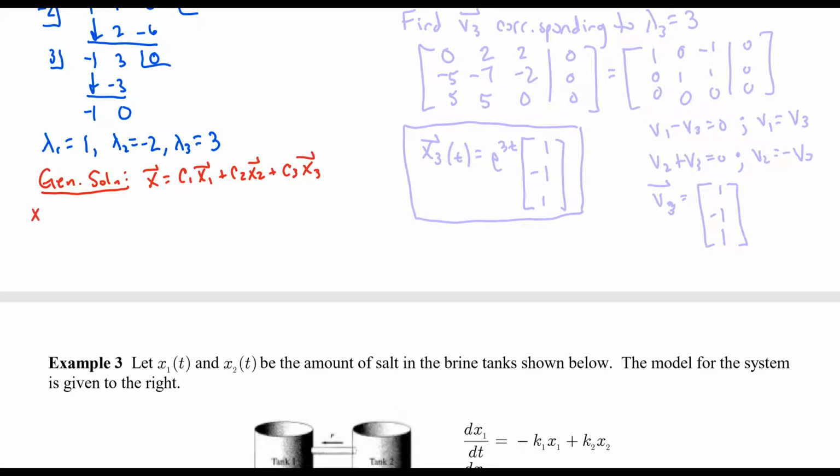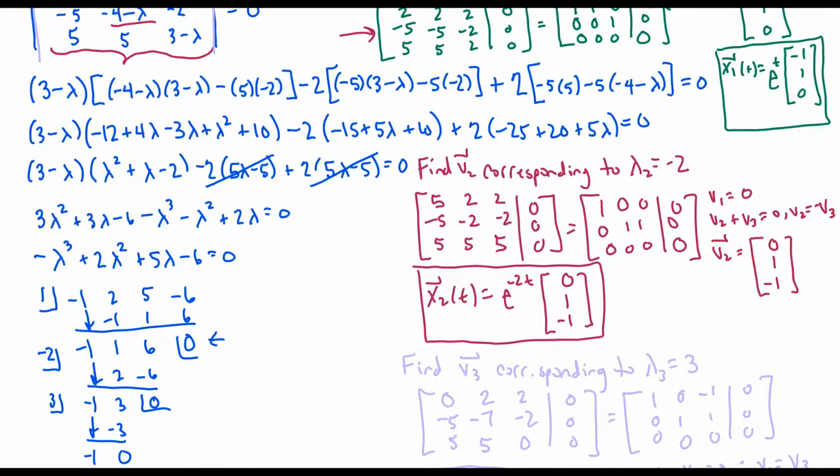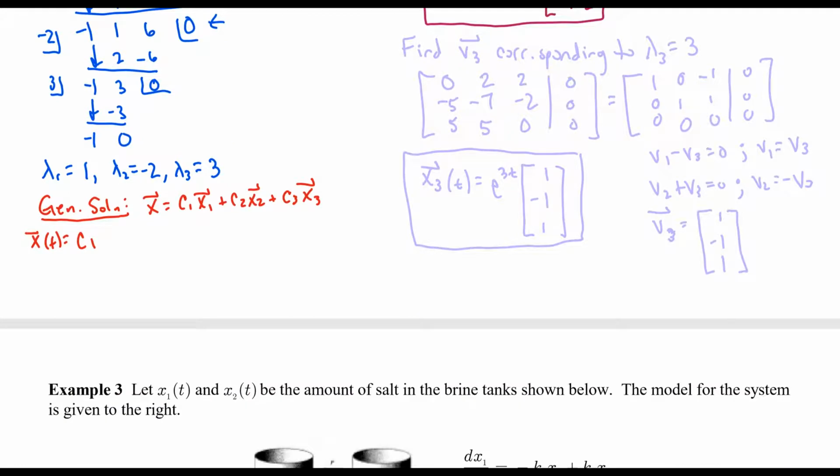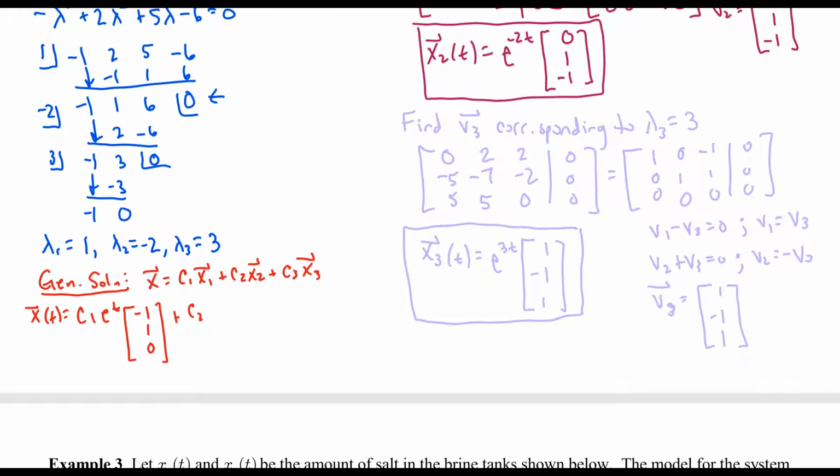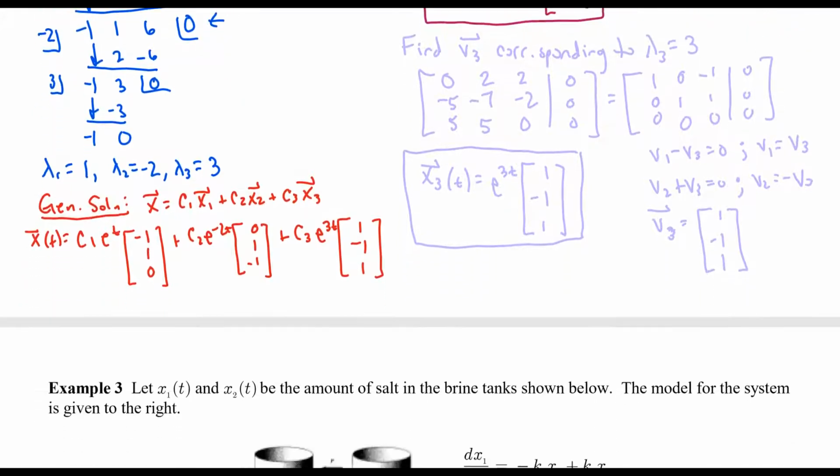Thus, our general solution, x of t, looks like c sub 1 times our first solution, that was e to the t, times negative 1, 1, 0, plus c sub 2 times x2, that was e to the negative 2t times 0, 1, negative 1. And finally, c sub 3, e to the 3t times eigenvector v3, 1, negative 1, and 1. Okay, so that's our general solution in matrix form.